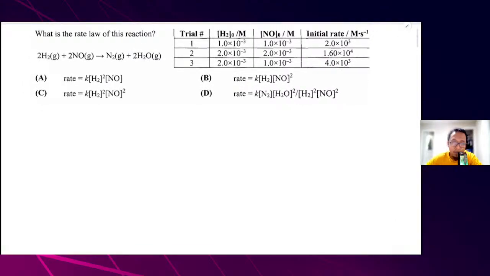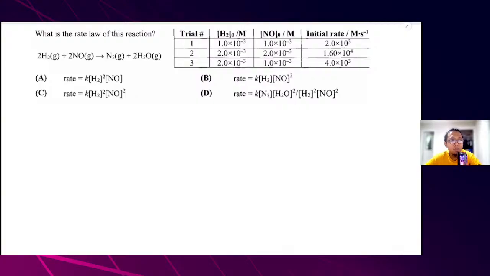Now first of all, we need to know the concept of it. Understand the key concept. The rate law expresses how the rate of reaction depends on the concentration of the reactants.